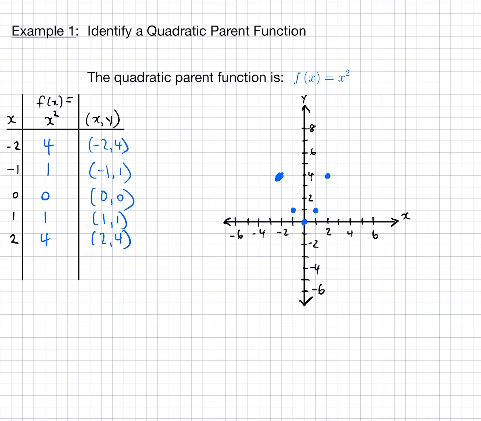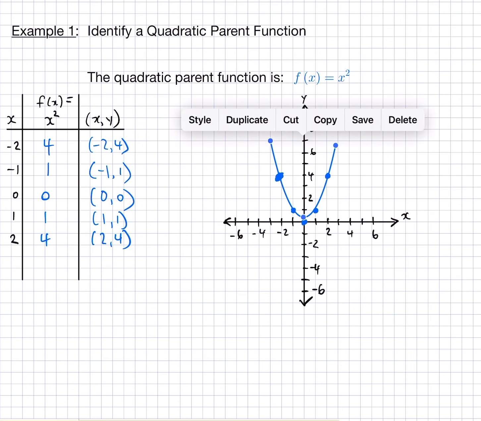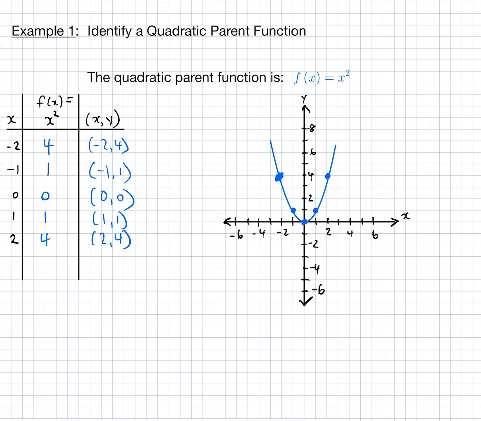So if we go ahead and plot these points, it will look something like this. And there's our parabola, and that's what our parent function will look like. I'm going to put these arrows to indicate that the function continues on into infinity in that direction. So that's the parent function.